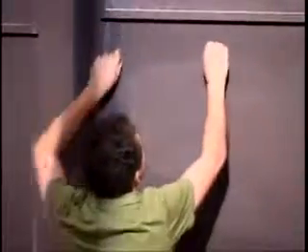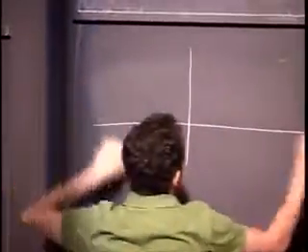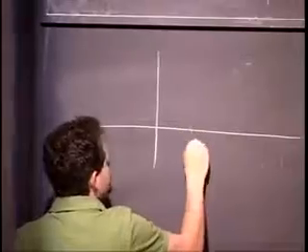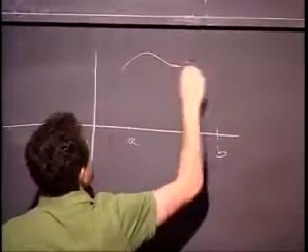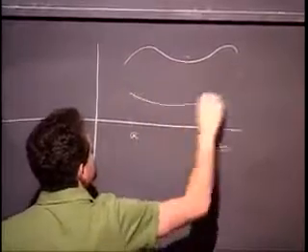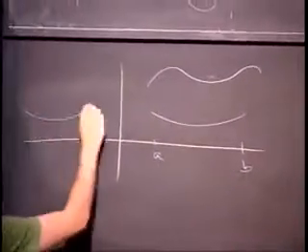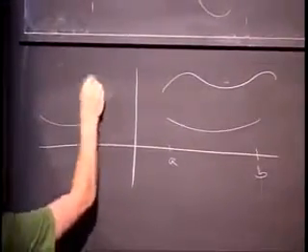Now, lest you think it only works for disks, I will show you that it works for shells as well. Each picture is going to be a little wider, of course. If you try the same trick for the shells, this time the revolved thing looks like this.